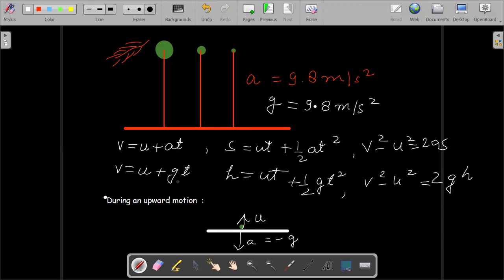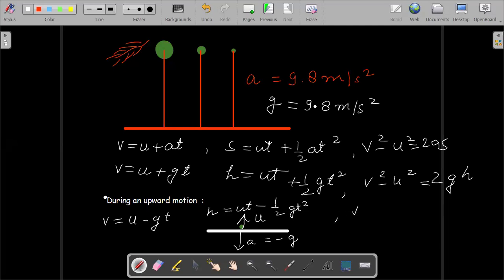Hence, during the upward motion, the same equations of motion can be applied, just taking the acceleration due to gravity to be equal to negative g. So I'll rewrite the equation for the upward motion as v equals u minus gt. For the second one, we'll write h equals ut minus 1 over 2 gt squared. So everywhere the g will become negative.